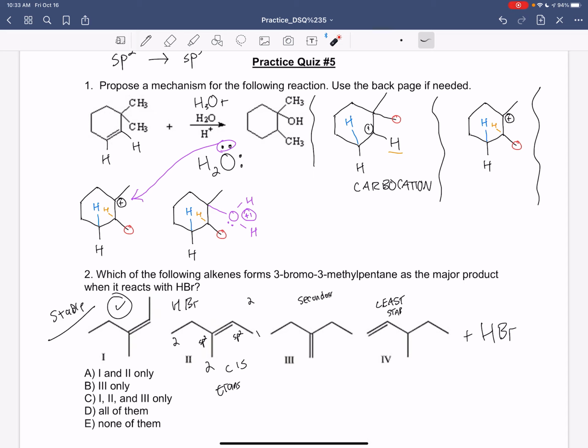I think what happens is because this is like excess water or something, another pair of electrons from water is going to neutralize this positive charge again. We get rid of the charge.